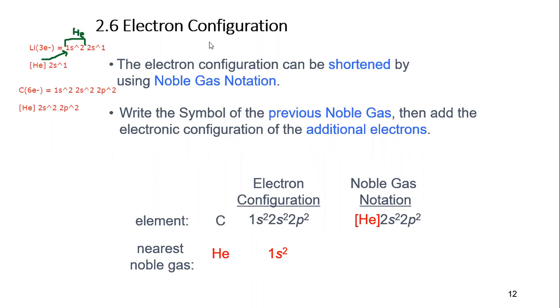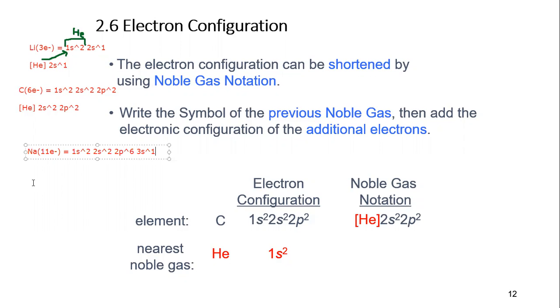Now, if we look at something a little bit heavier, let's say sodium. Sodium has 11 electrons. So again, we start 1s2, 2s2, 2p6, and then after 2p becomes 3s1. And again, I'm following that chart from a few slides back.